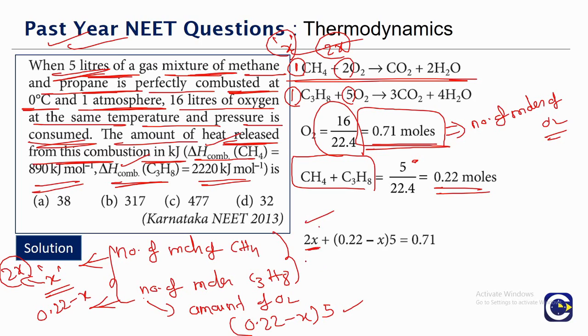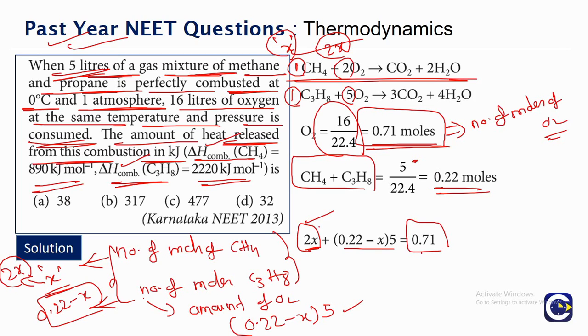Let x be the number of moles of methane, and from the balanced equation the oxygen required is double the amount of methane, so we put 2 times x. For propane, the amount is 0.22 minus x, and the oxygen required is 5 times the amount of propane, so 0.22 minus x into 5. The total amount of oxygen is 0.71.